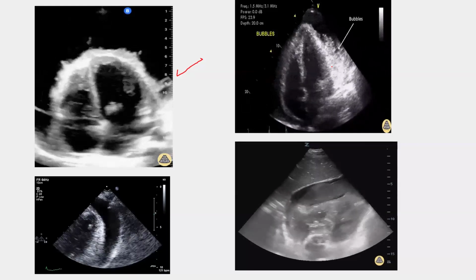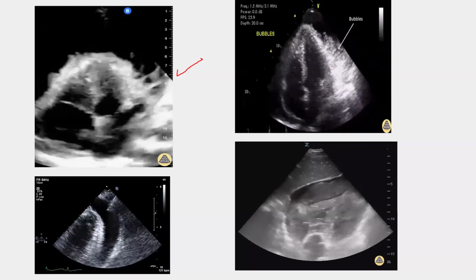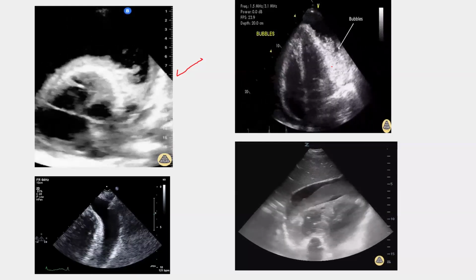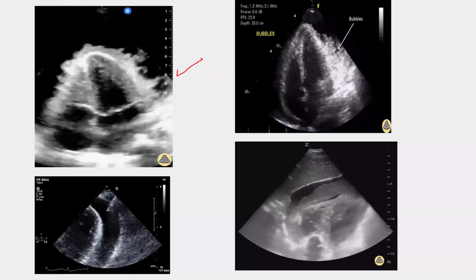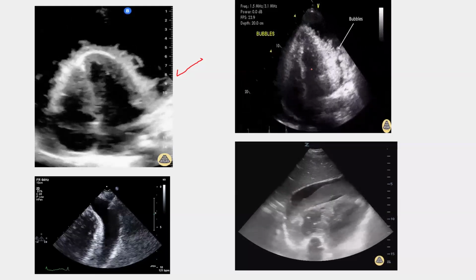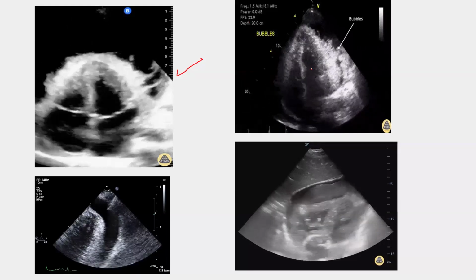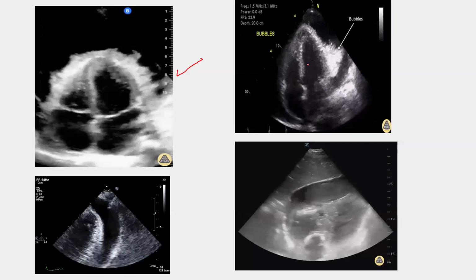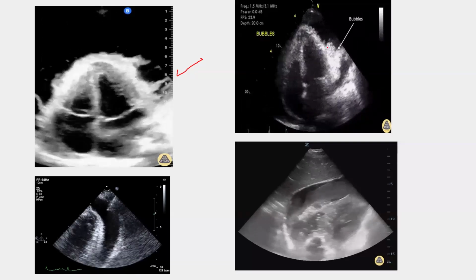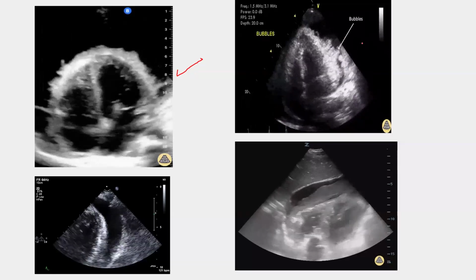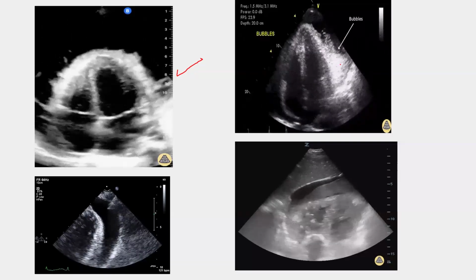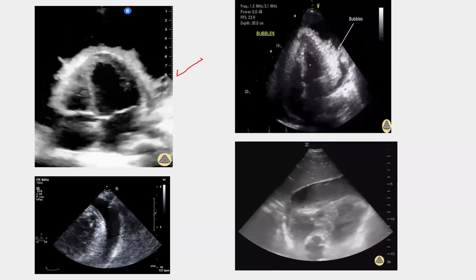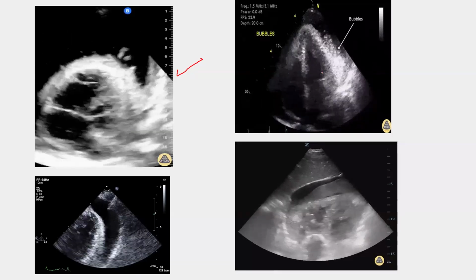You use the same needle and you inject agitated saline, or sorry, you inject bubbles, okay? If you push just normal saline, that's okay. And that is going to fill this space without appearing inside the cavity, meaning that you are safe to aspirate because your needle is just in this space and not inside the LV or RV cavity.